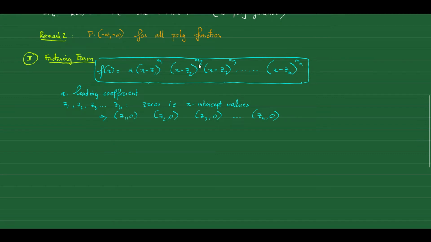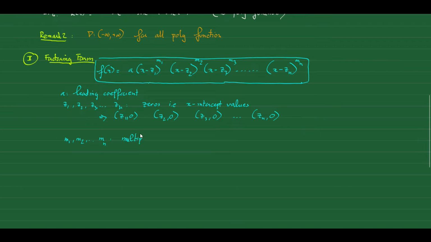Now, m1, m2, m3 over here. What do we call this? Does anyone remember? I don't know if I ever mentioned it. I'm sorry. M1, m2, m3 over here we call multiplicity.